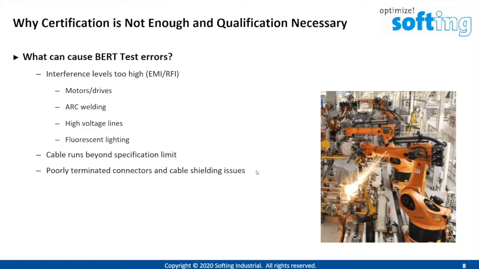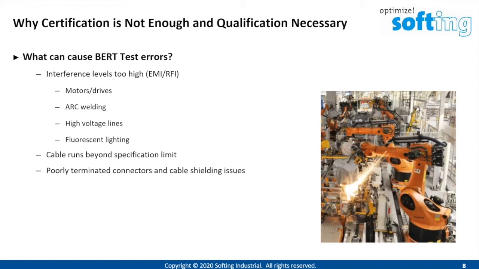And what can cause errors? Well, I've already talked about interference, and that could be motors and drives and arc welding and high voltage lines, cables too close, fluorescent lighting. Maybe the cable is going beyond its limits. Maybe it's an older cable that they're trying to push to run a higher speed.